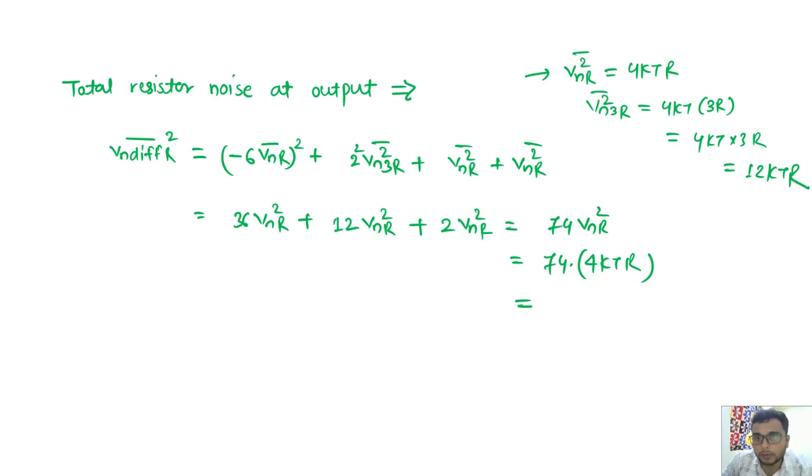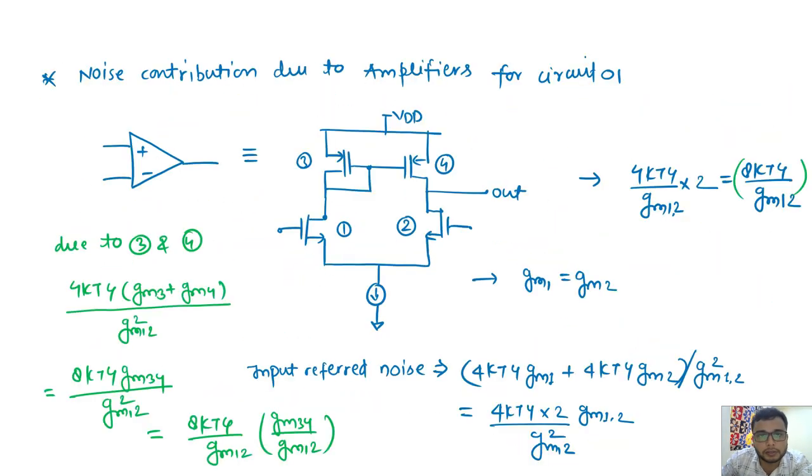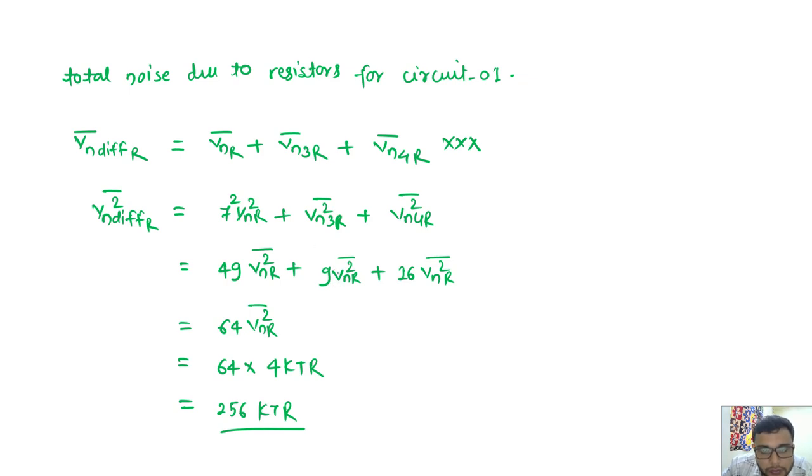So this is fine now. So what is the total? 12, 36, 48, 50. 50 Vn of R square, that is 200 KTR. So this calculation is also, I think, missed here. Here it is Vn of R1 square into this is 3 only, this is 4 only.